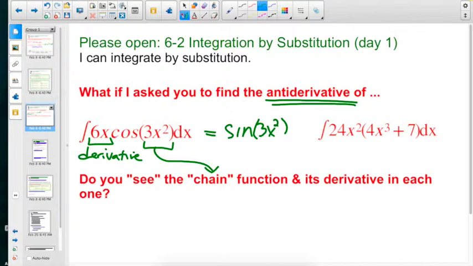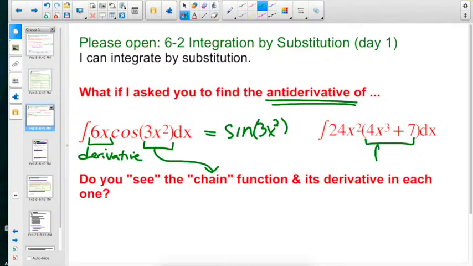And then can you see a function and a derivative here? Okay, what's the function? Yeah, in terms of powers, the function is going to be which power? And the derivative of that function is going to be which power? One littler, right?